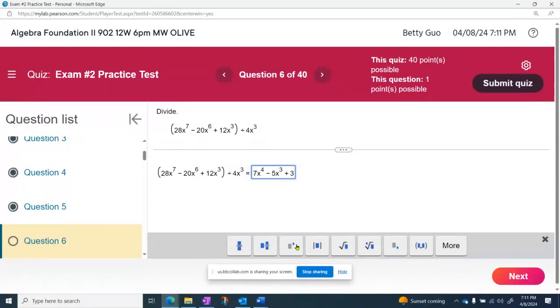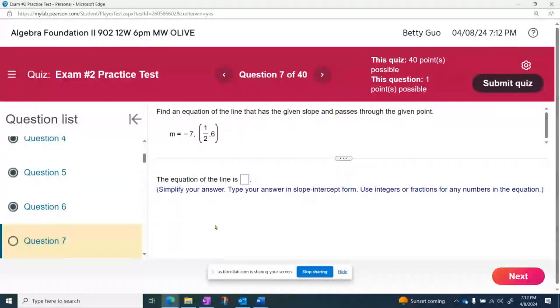And by the way, the degree of the quotient always equals the degree of the dividend minus the degree of the divisor. 7 minus 3 is 4. Your answer has a degree 4 polynomial, that's consistent. 7x to the fourth power minus 5x to the third power and 3. Okay, next.